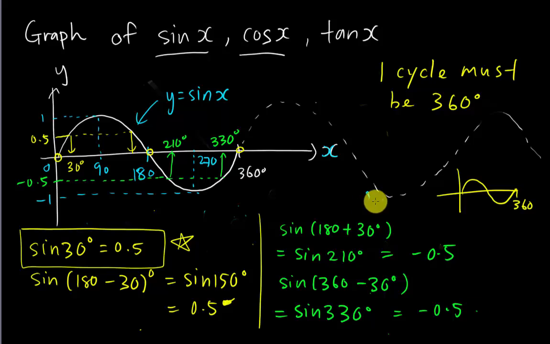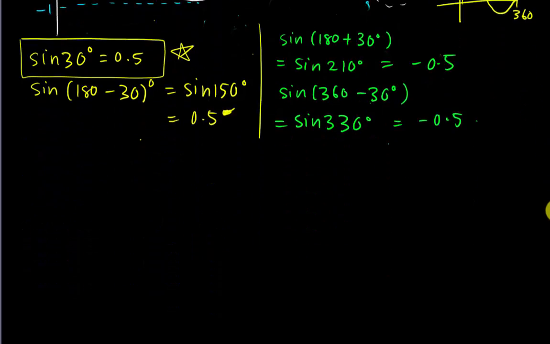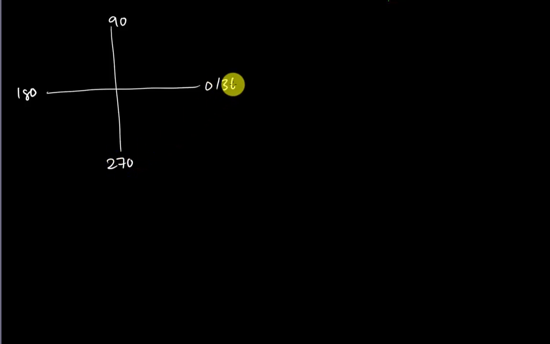But then how do I remember all this? Actually, it's quite simple, because we learn something like this in MF. It looks like this, because we learn about 4 different quadrants: 0 to 90, 90 to 180, 180 to 270, 270 to 360.